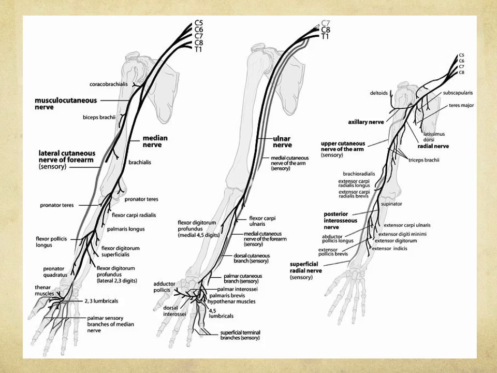It's not the radial nerve, but it gives us sensation to the lateral aspect of the antebrachium, as well as the lateral aspect of the elbow. We get the median. The median is going to cross onto the anterior surface, cross in front of the antecubital region, and continue all the way down into the hand.